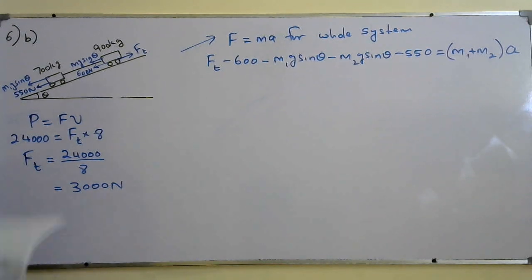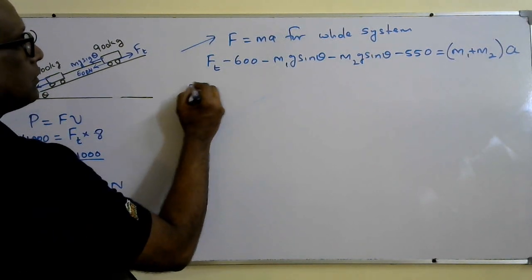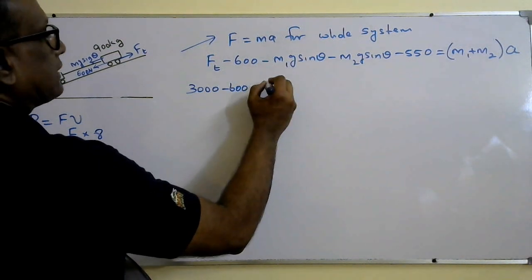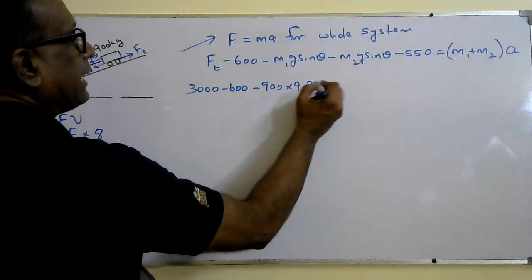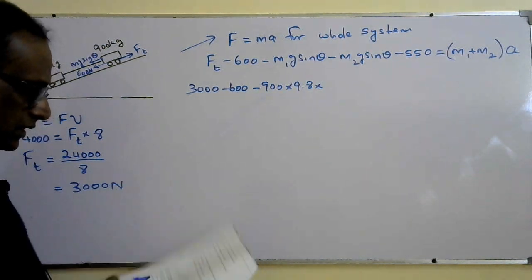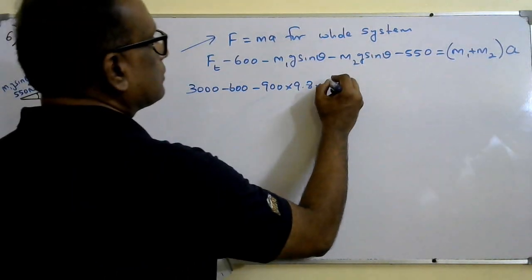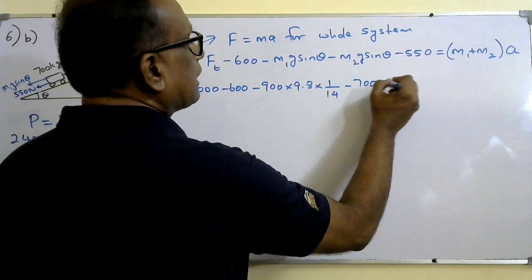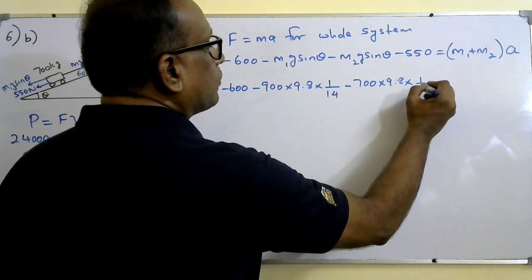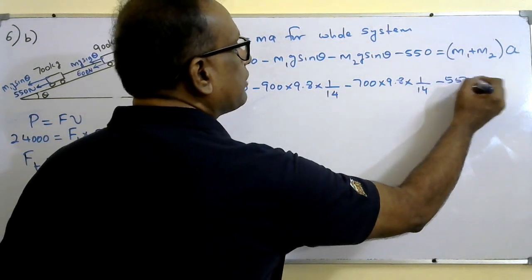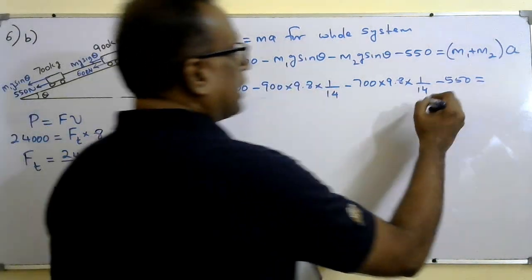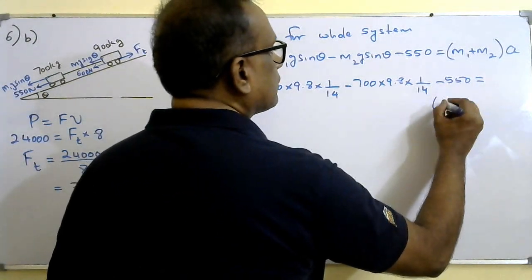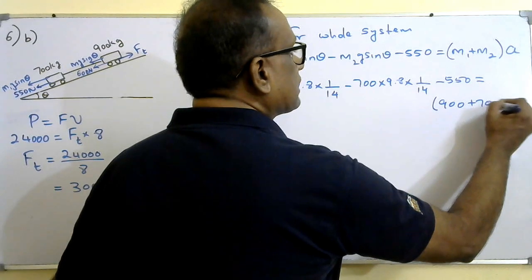Okay, so Ft is 3000 minus 600 minus m1, which is 900, into 9.8, sin theta is given as 1 over 14, minus m2, which is 700, into 9.8 into 1 over 14, minus 550 is equal to, we have to add both masses, that is 900 plus 700.